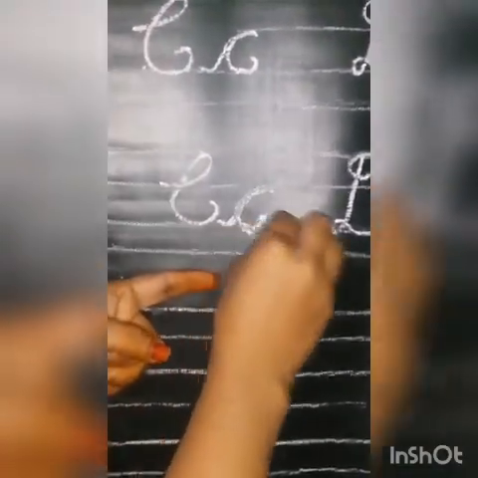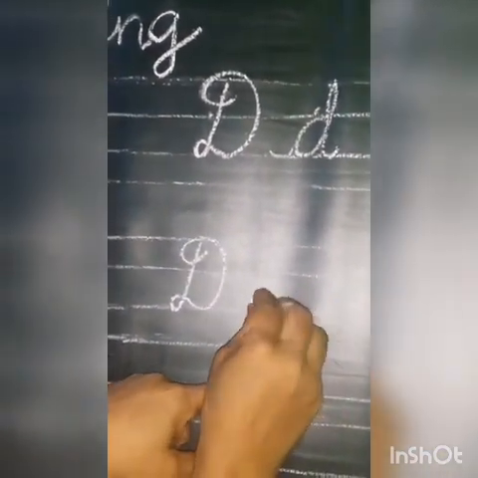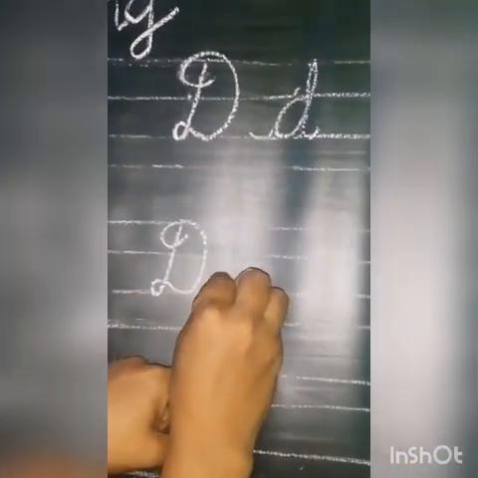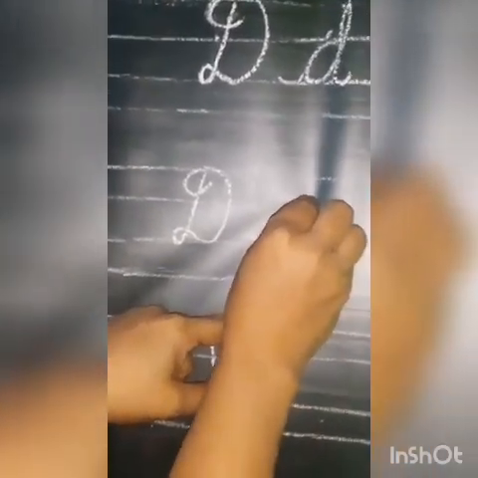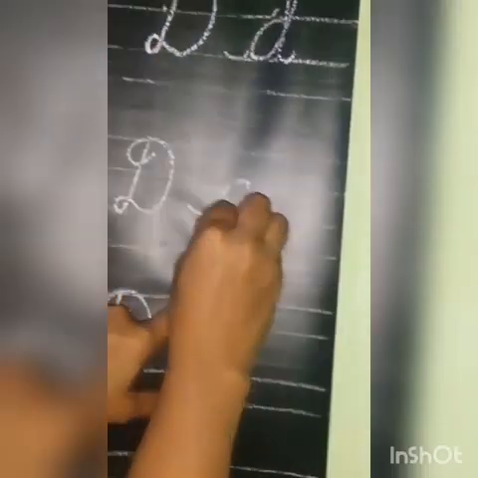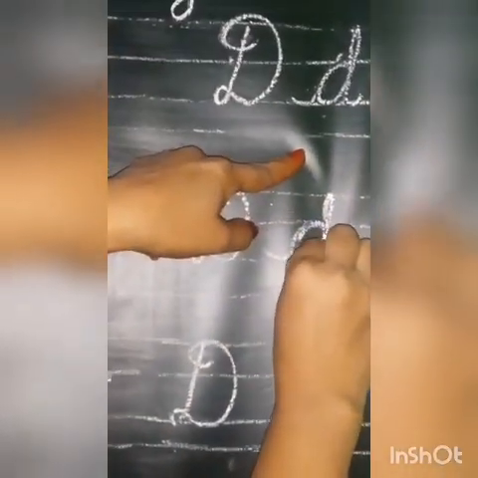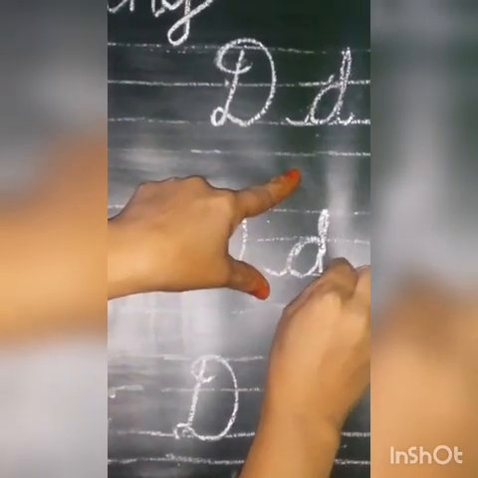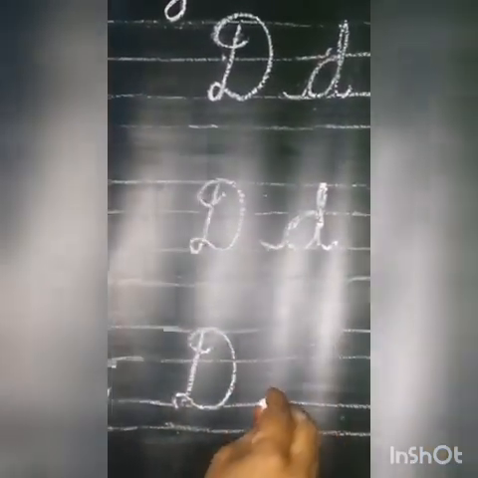Now we see the letter D and how to write it. You start with the third line, the same as small letter A, and make one standing line from the first line to the third line. We get letter D. Once again I repeat.